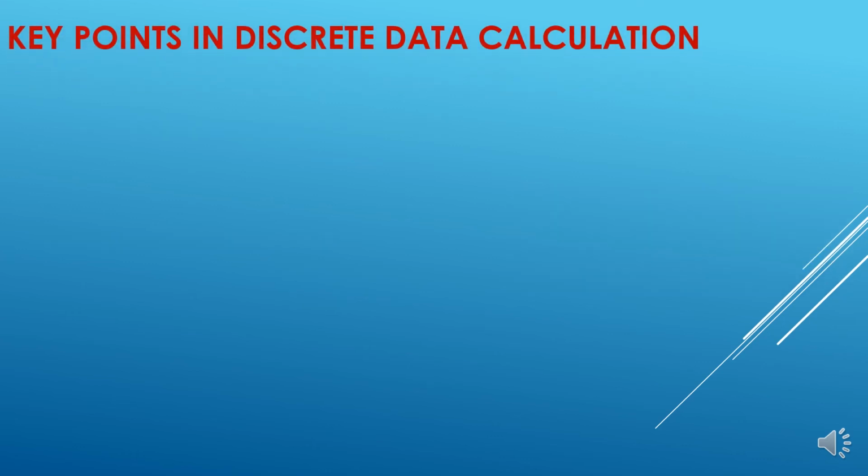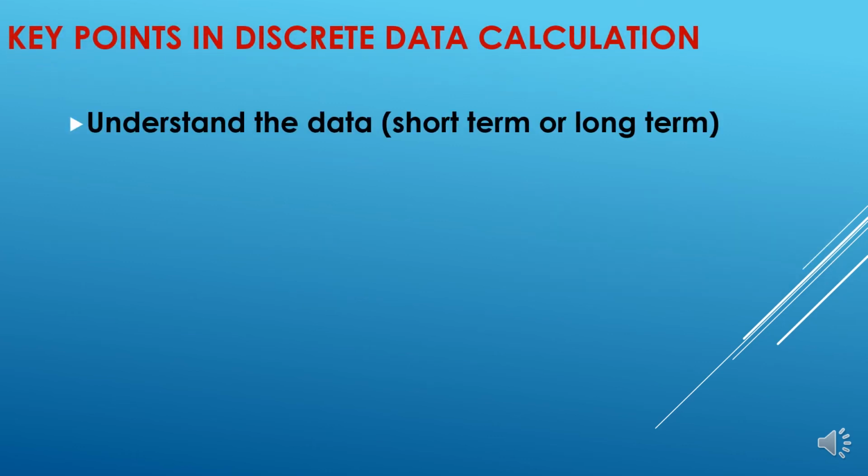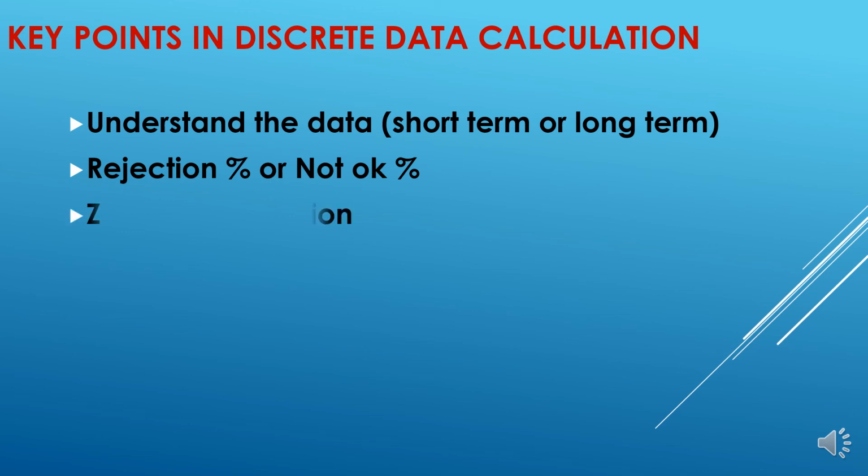Some key points in the discrete data calculation. First, we need to understand whether it is short-term or long-term data. We need to calculate the percentage, because that is the probability value with respect to the case. Once we get the probability, we can easily use the Z table to find the Z value.